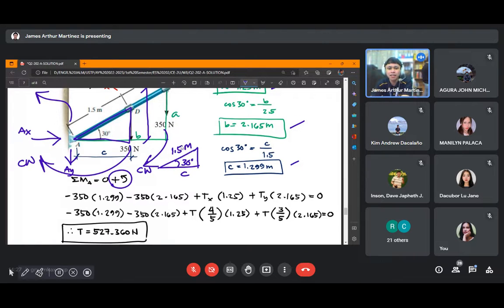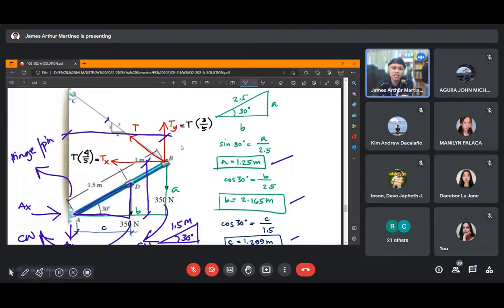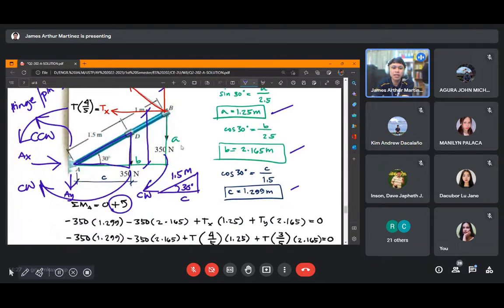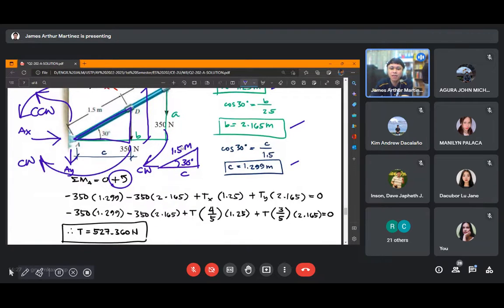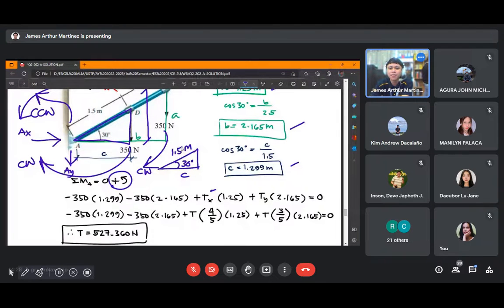Okay? Next, there is one more force. You have Tx and Ty. So Tx with respect to point A will cause counterclockwise rotation, right? That's why Tx is plus, Tx times its moment arm, small letter a, which is 1.25. So you have there Tx times 1.25.